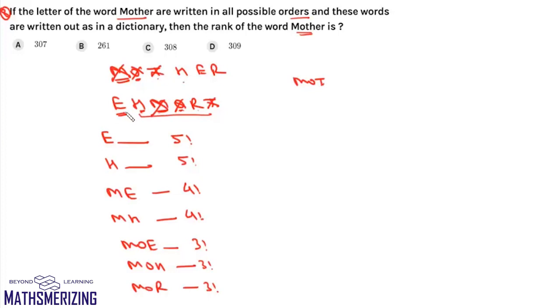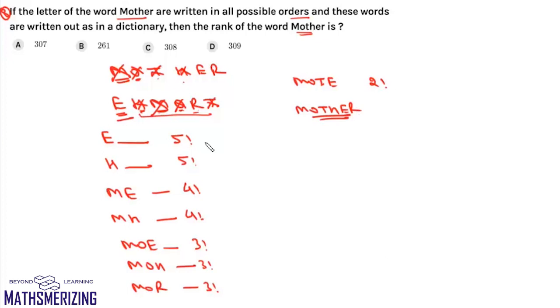Now I need H, but first we'll get E. So M-O-T-E will be simply factorial 2. Thereafter I'll get M-O-T-H, and then the order E-R. So that means the immediate word is mother.